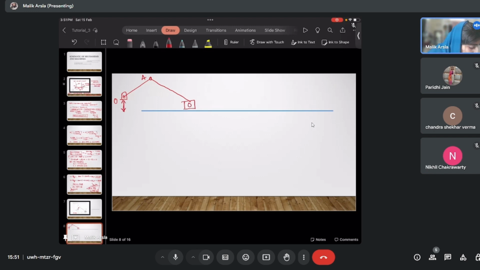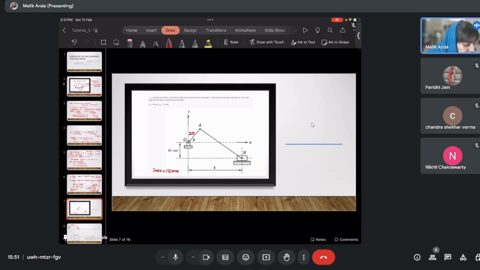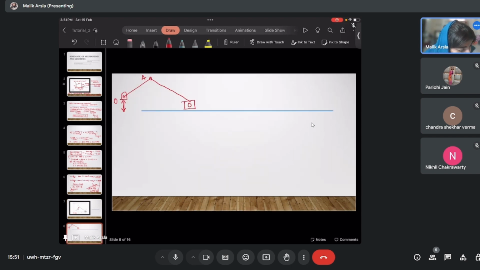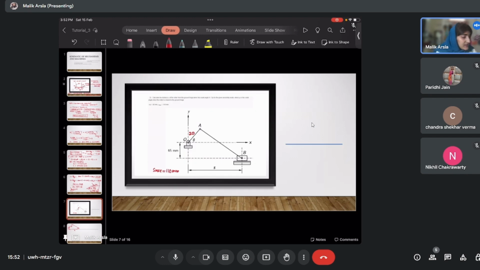It has been given, right? Offset has been given as 65. Let me write it as E, and this distance is S. So this is typically a slider crank mechanism, and this angle is given as theta.